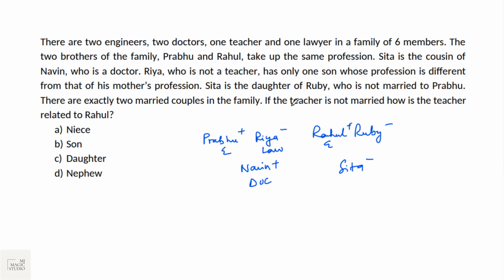Now, if the teacher is not married, then Sita is the teacher and Ruby is the doctor. Then how is teacher related to Rahul? Teacher is daughter of Rahul. So if 3 questions are there, one after another on the same set, we just need to solve it once and then we can answer all the 3 questions in no time, isn't it?